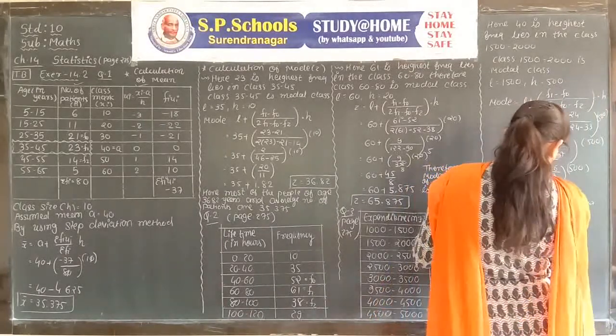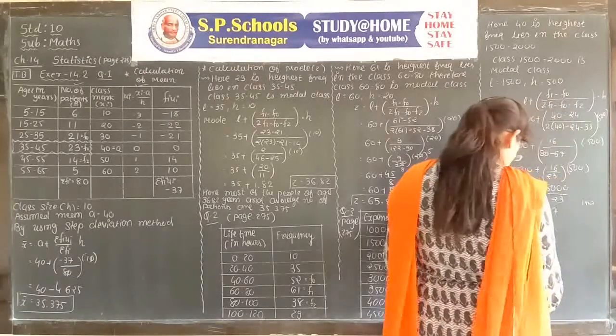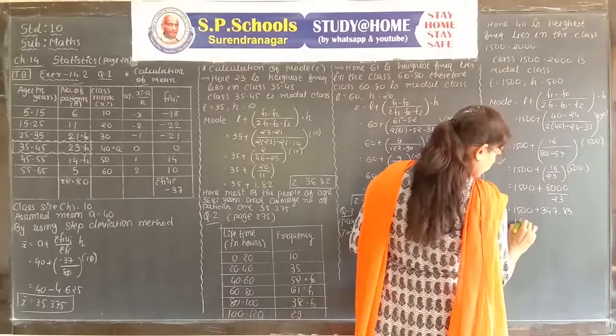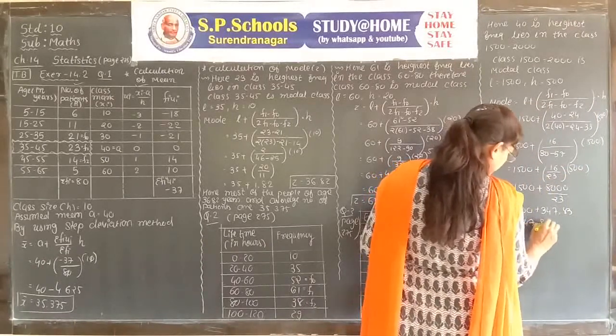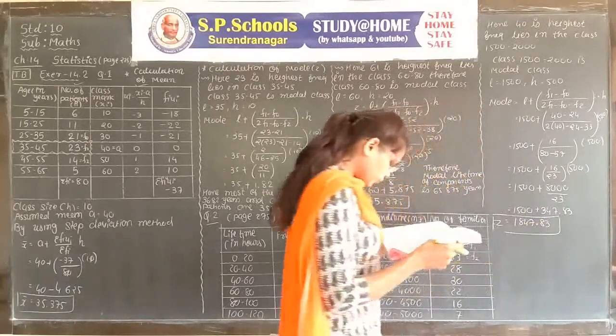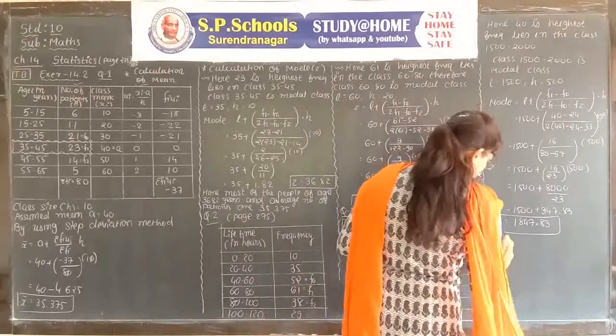347.83 approximately, so it is 1847.83. This is the answer of mode. Answer of mode means the modal monthly expenditure of family.